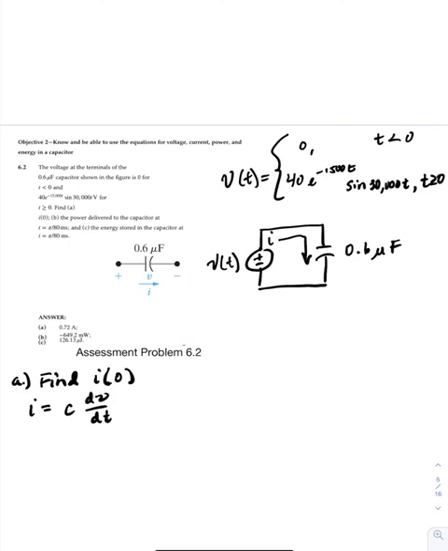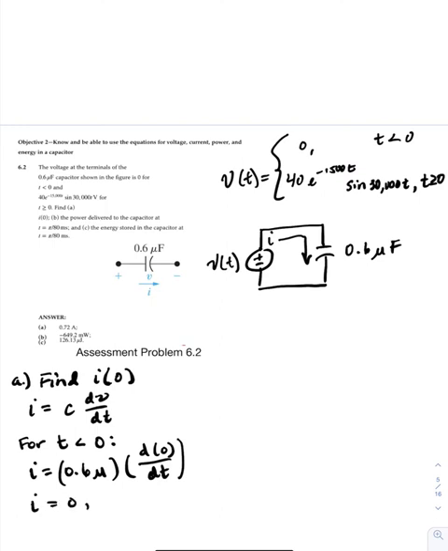So for t less than 0, i equals 0.6 microfarads times the change in 0 over dt. So i equals 0 for t less than 0.